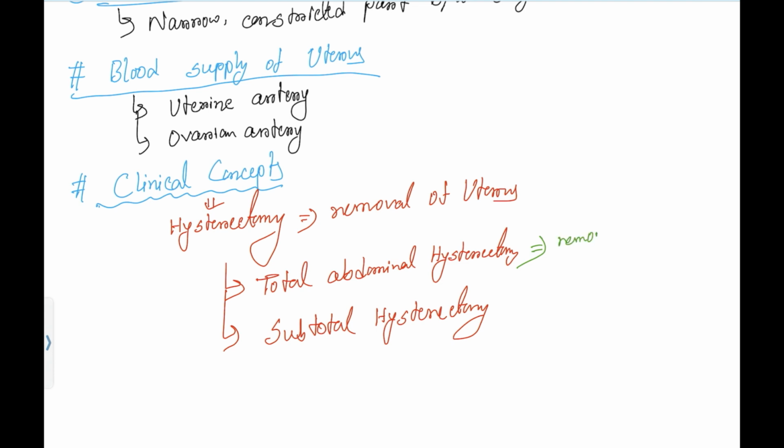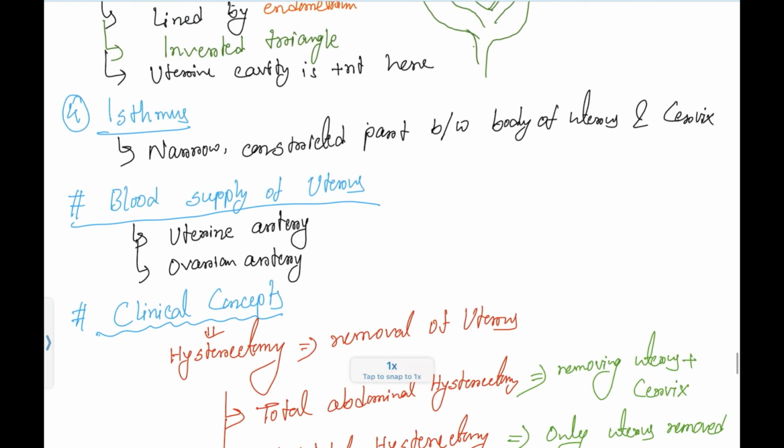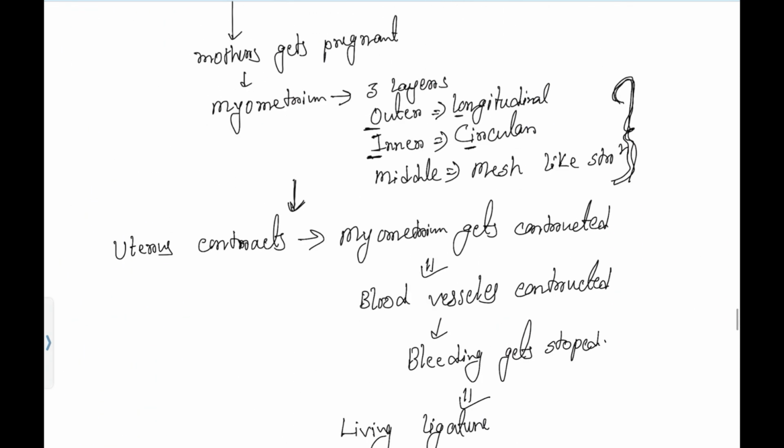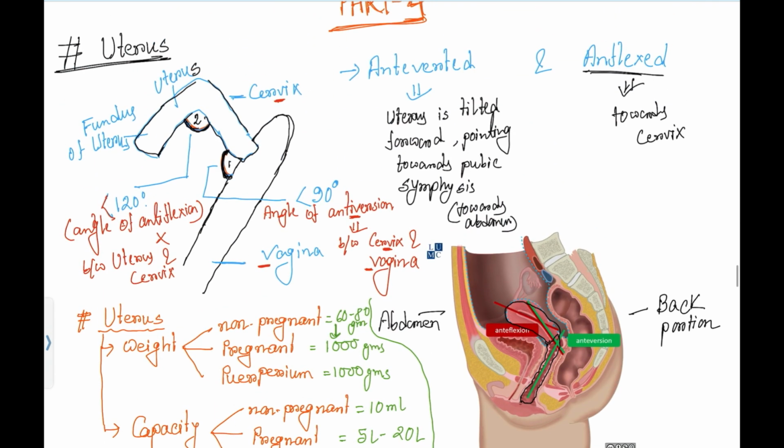When we are removing the uterus along with your cervix, we call it total abdominal hysterectomy. When we are removing only the uterus, we call it subtotal hysterectomy. So that's all about your uterus.